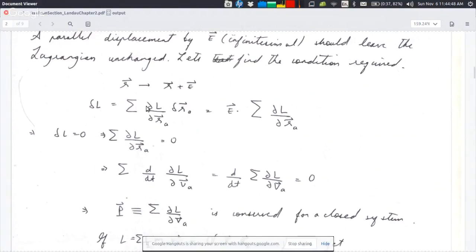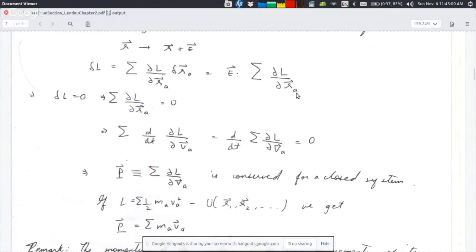That is what we're demanding, which will just be del L by del Ra into delta Ra, where a is the component; the sum is over the components. Since delta Ra is epsilon, and delta L is 0, the sum of del L by del Ra should be 0.